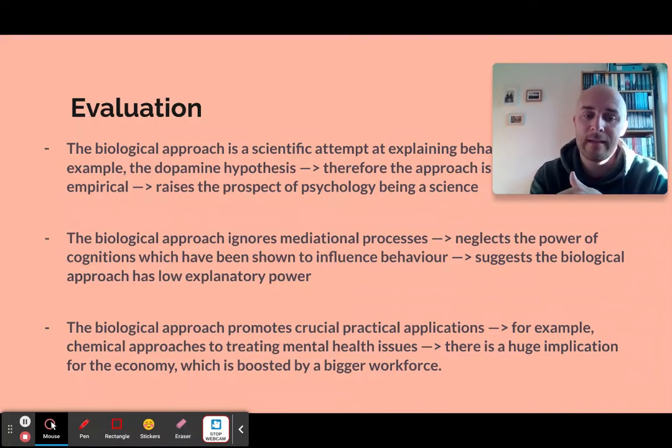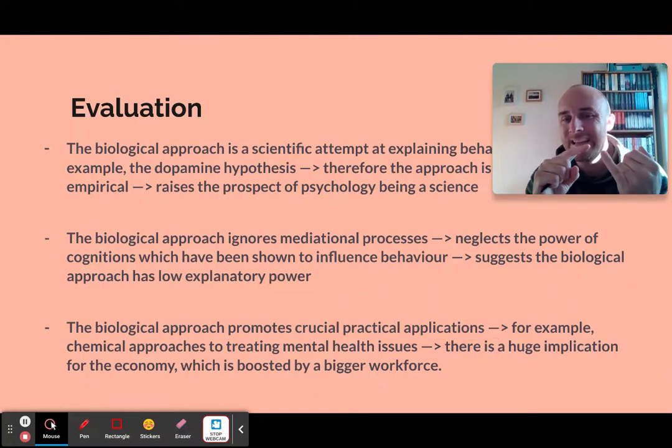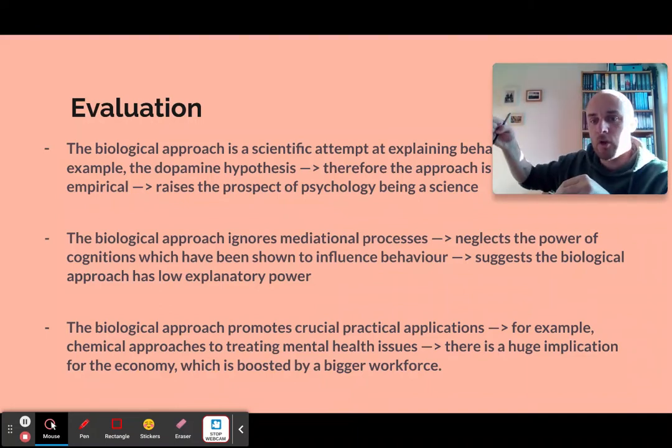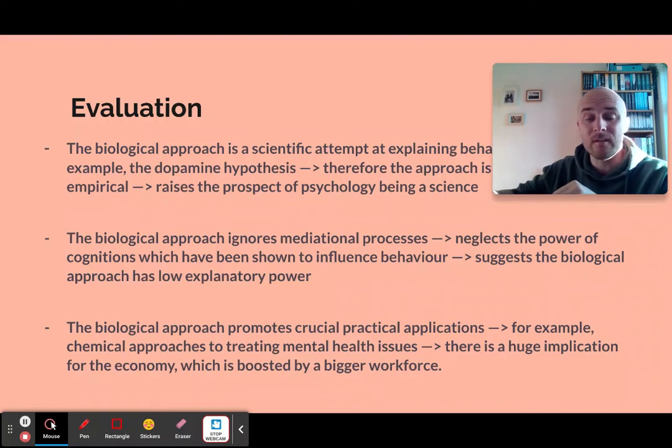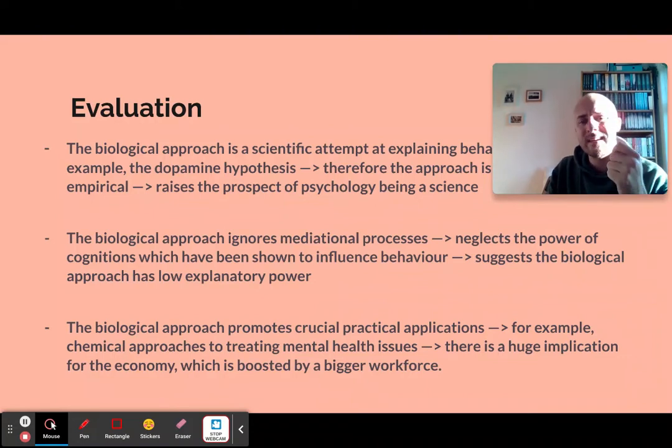And then finally, however, the biological approach does promote pretty crucial practical applications, mainly drug therapy in treating depression, OCD, and most mental health disorders. But then you need to go and elaborate why that's important. The reason why that's so important: if the biological approach fixes loads of people with mental health disorders, we keep these people in the workforce.